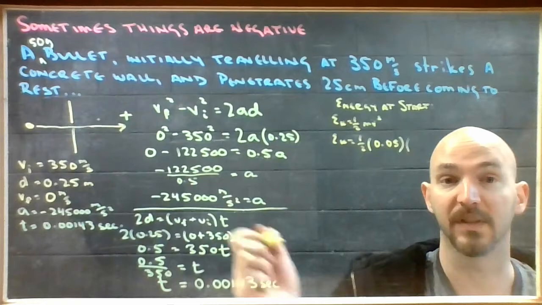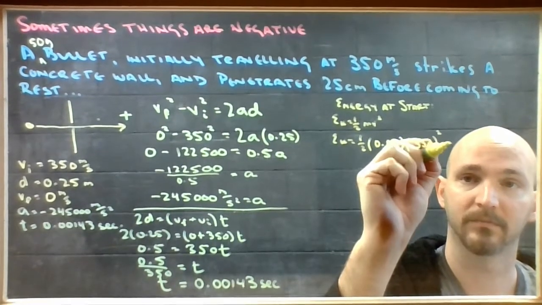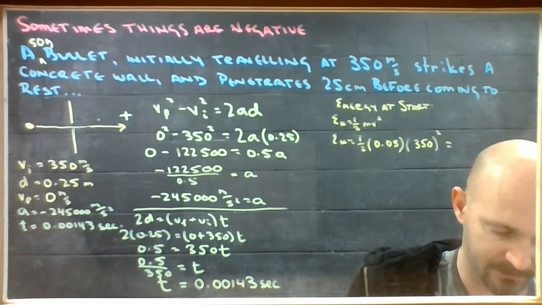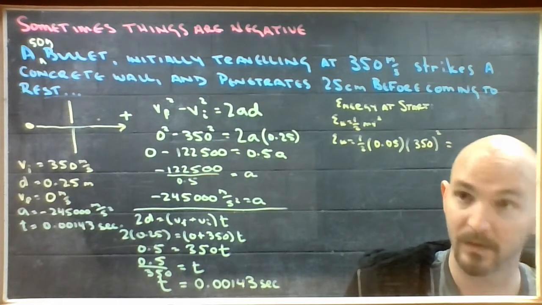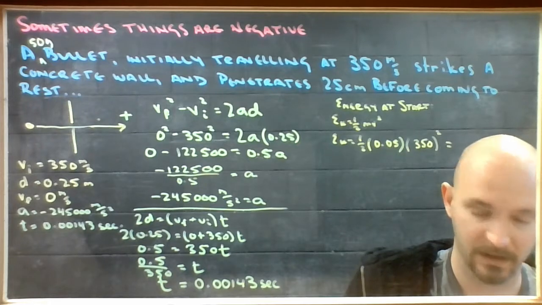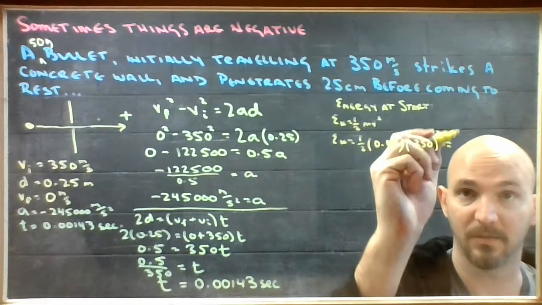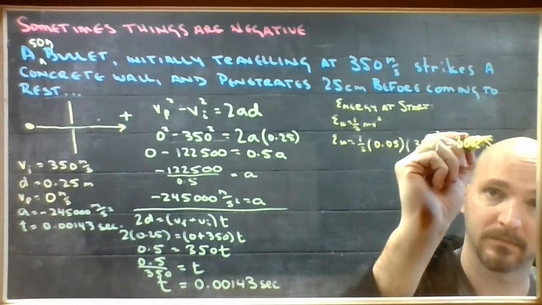Initial speed was 350, which gives us a grand total of 350 squared times 0.05 divided by 2, which is 3062.5 joules.